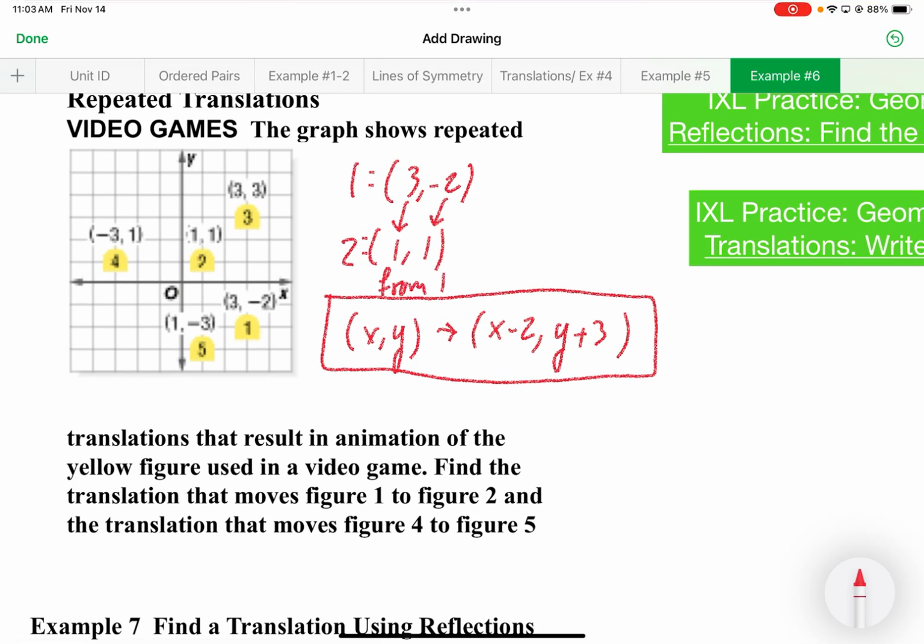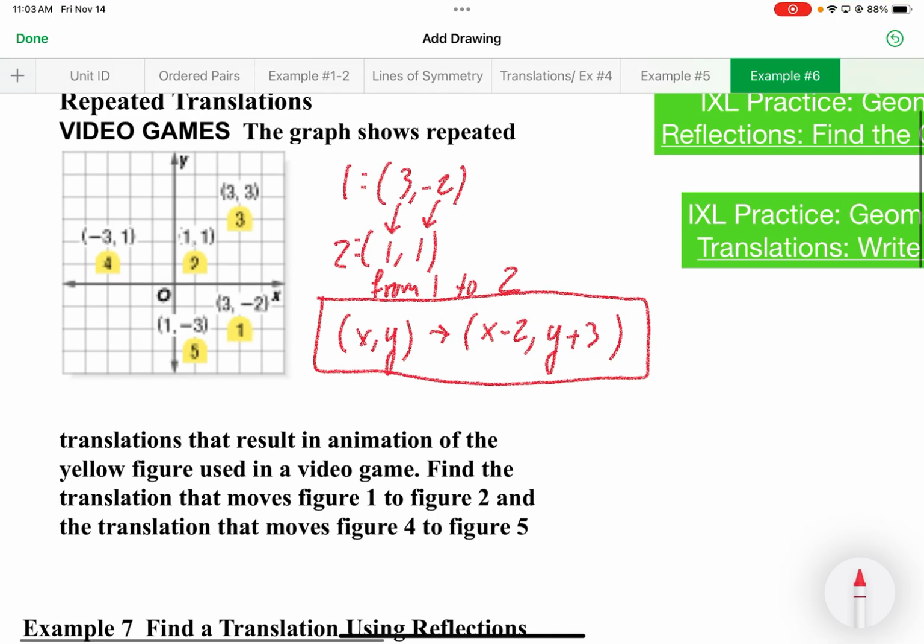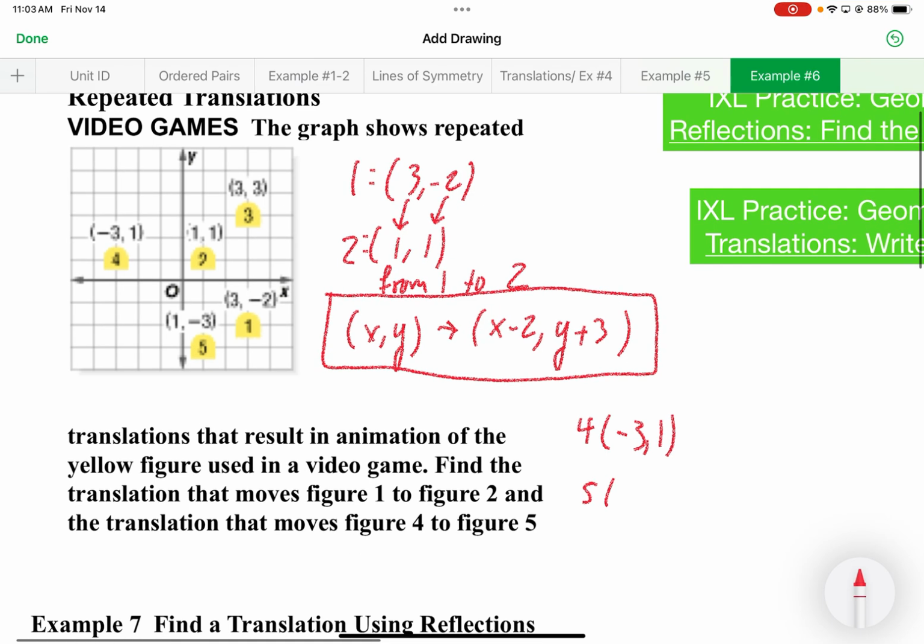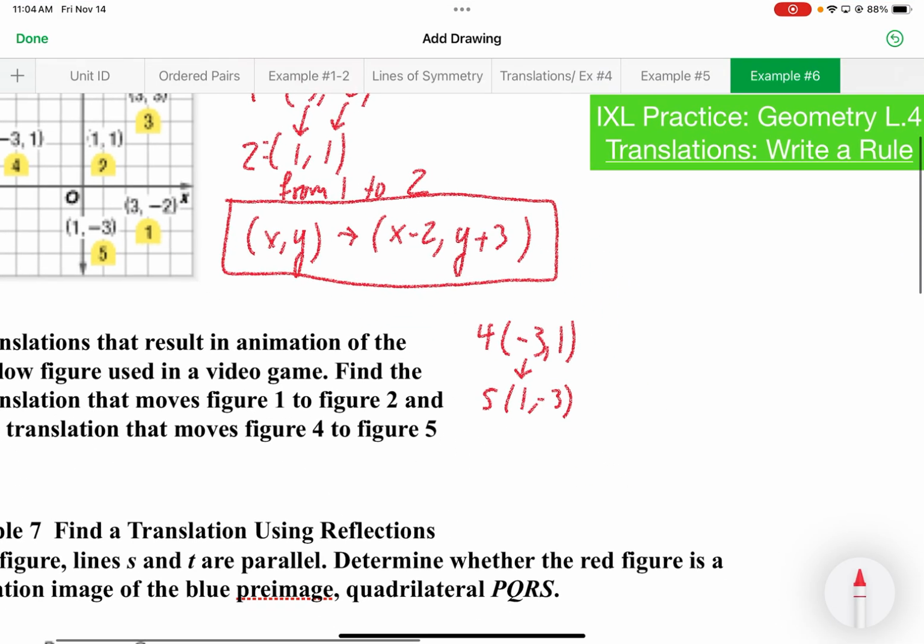Okay, so that was from 1 to 2. Let's write a rule for from 4 to 5. Okay, so 4 is at the coordinate point (-3, 1). 5 is at the coordinate point (1, -3). What did I do to get from -3 to +1?